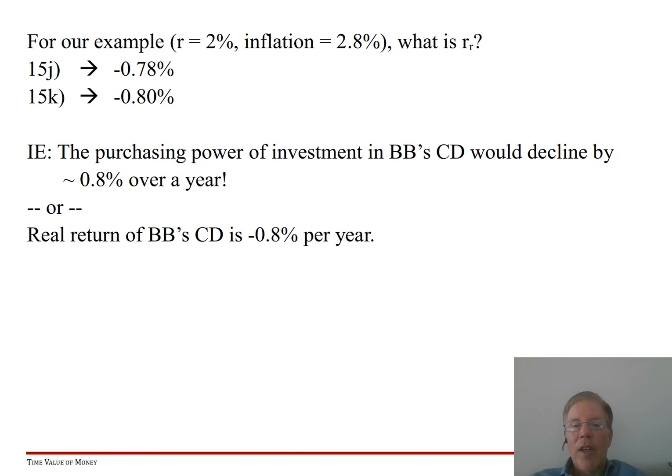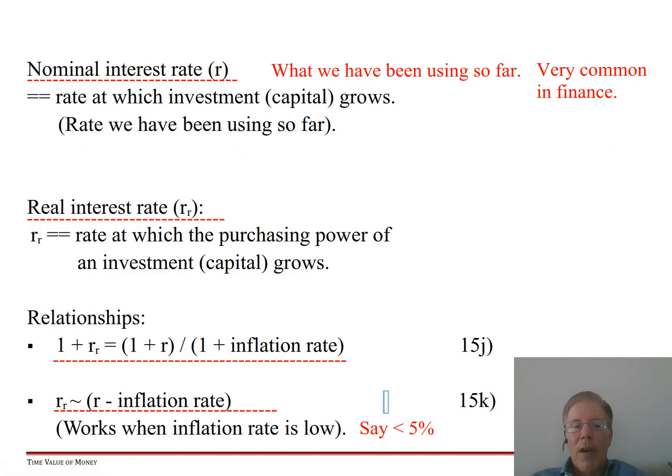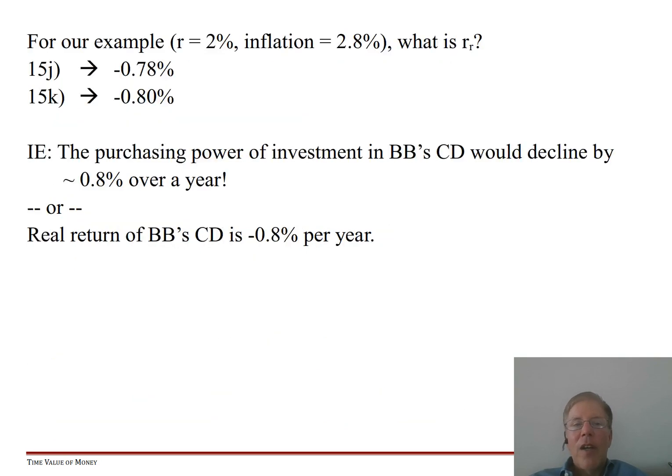Using the simplified version, the real rate is our nominal rate minus the inflation rate. We get something pretty close, minus 0.8%. So it's good enough to use the simple formula, which I think is fairly intuitively obvious.